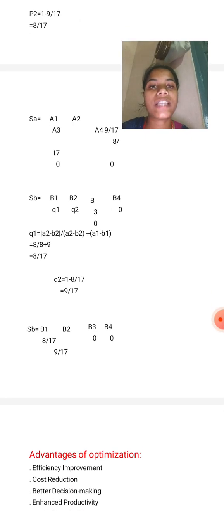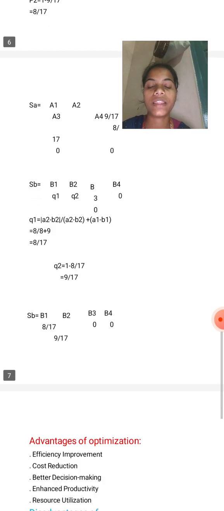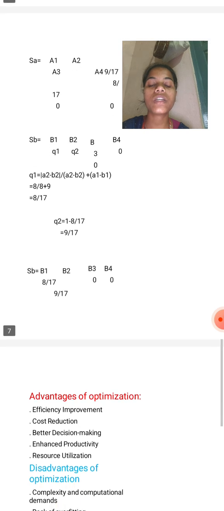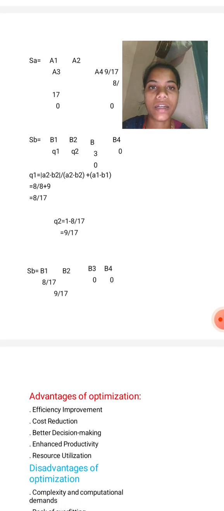So the Q2 is calculated as Q1 plus Q2 equal to 1. We want Q2, that's why Q2 equal to 1 minus Q1, that is 9 by 17. So we will place the obtained values in the SB, that is B1, B2, B3, B4. So the Q1 becomes 8 by 17 and Q2 becomes 9 by 17. The B3, B4 become 0, 0.